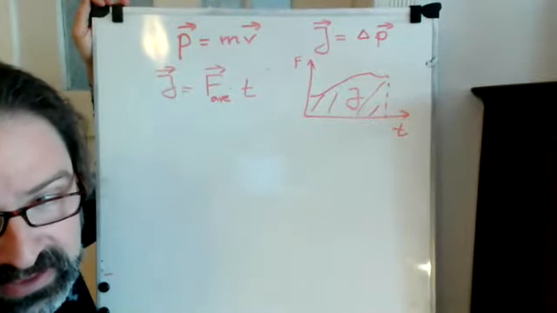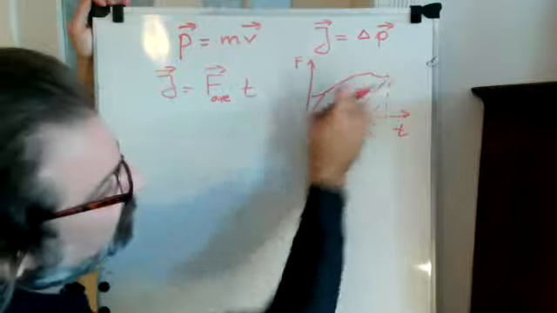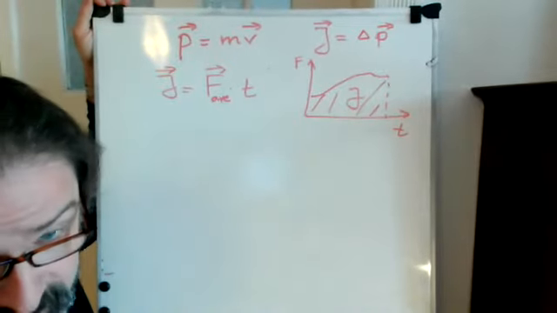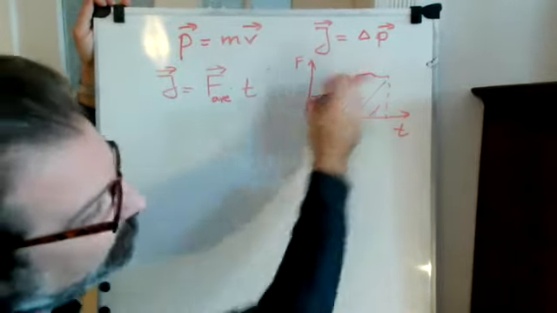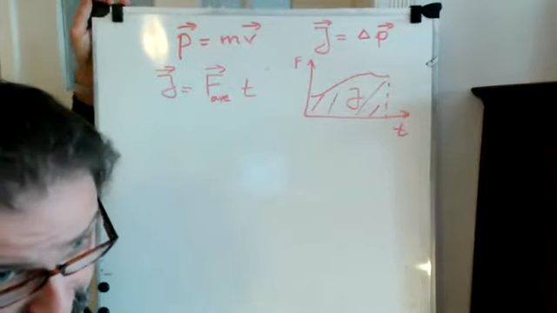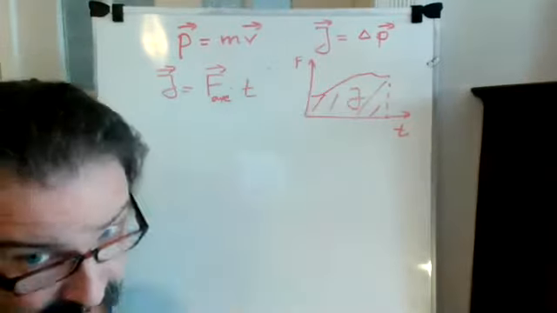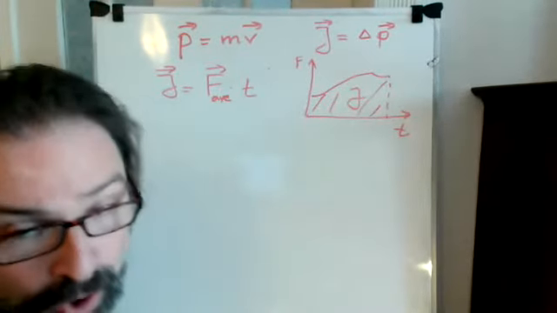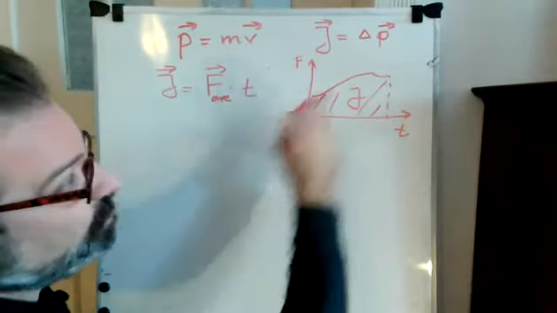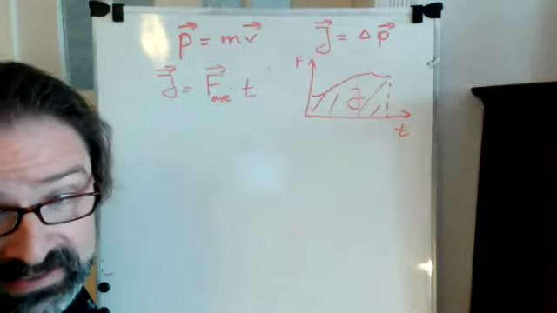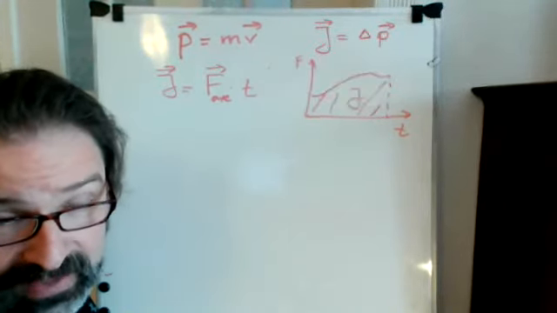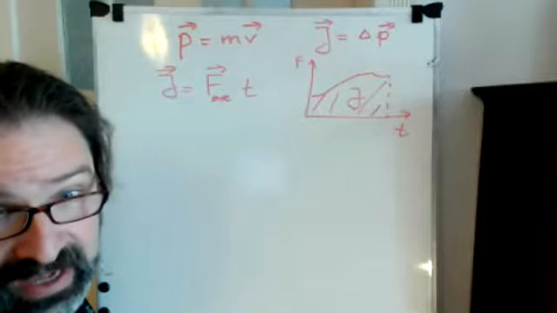In this class you would only be asked to find this area by counting little boxes, like on notebook paper, or if it was a shape such as a triangle, where you don't have to use calculus.